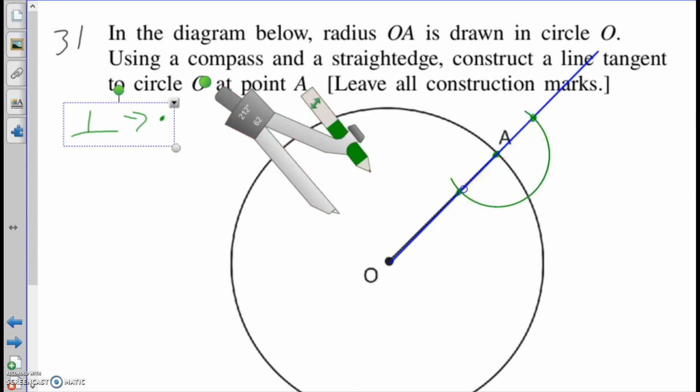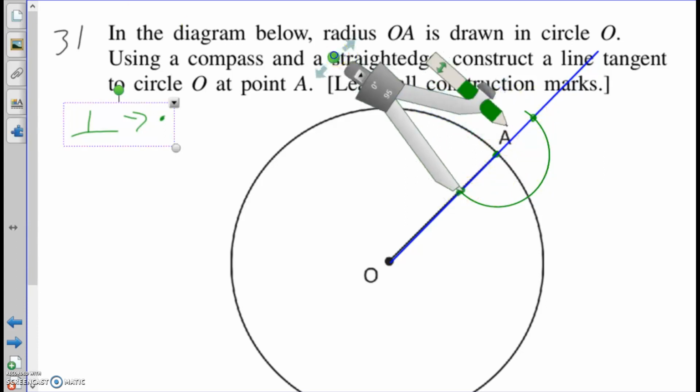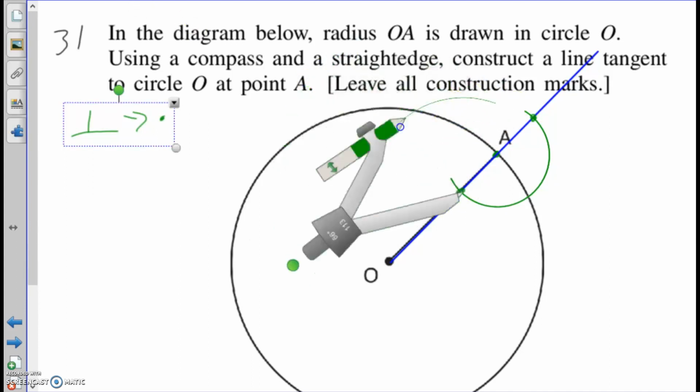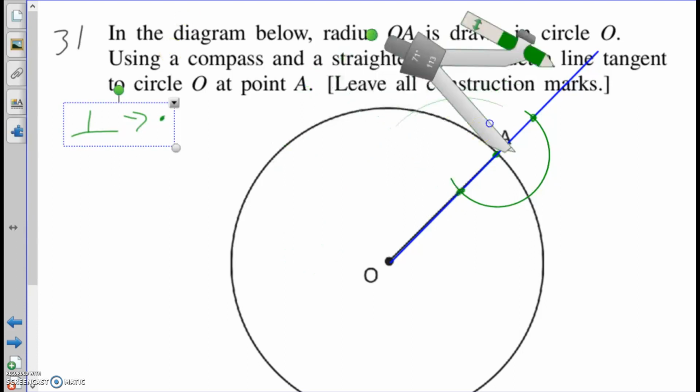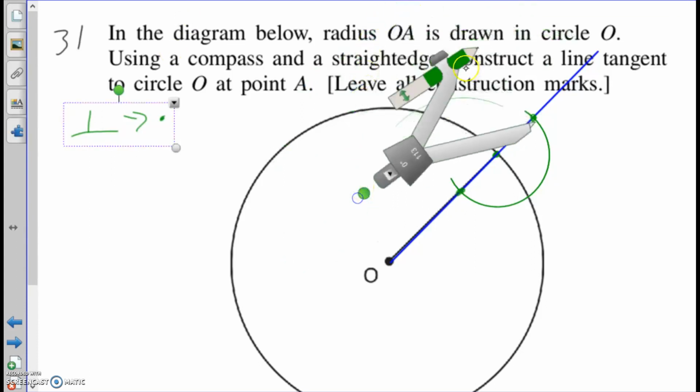So 1 and 2. And this is why it was necessary for me to extend that line, because it's hitting out here. From those two locations, I need to draw arcs. Now, I can't draw at the same setting because then those arcs won't cross at all. So I actually could extend my compass really to any length, as long as it's bigger, draw an arc from one of those points, and then draw an arc from the other one.